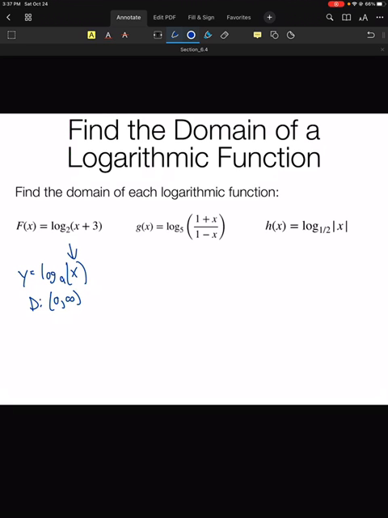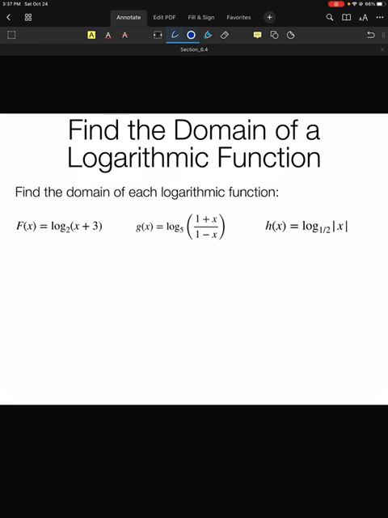It must be positive because the domain, what we can plug in or substitute in, is positive numbers. So whatever's inside of the parentheses must be positive. That's going to help us in what we're doing here.